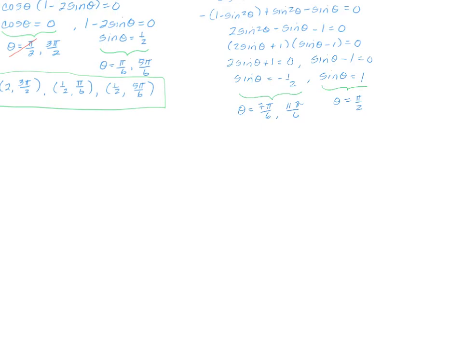And again, if you graph r equal to 1 minus sine theta, you'll see there are vertical tangent lines when theta is 7 pi over 6, 11 pi over 6, and also at pi over 2.